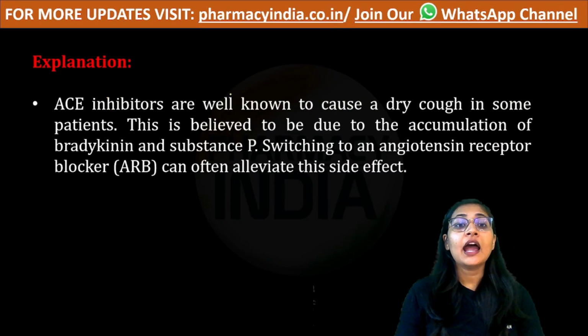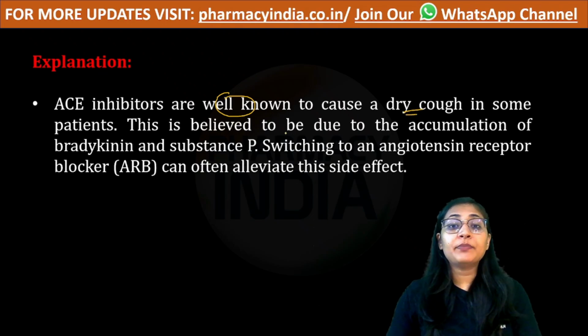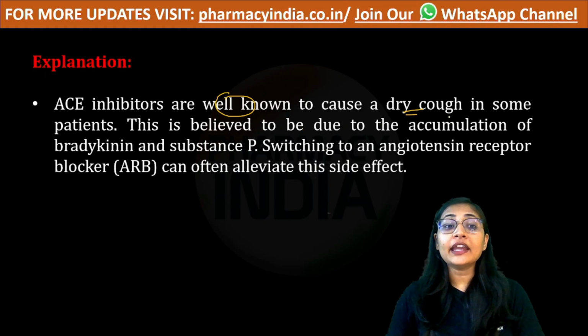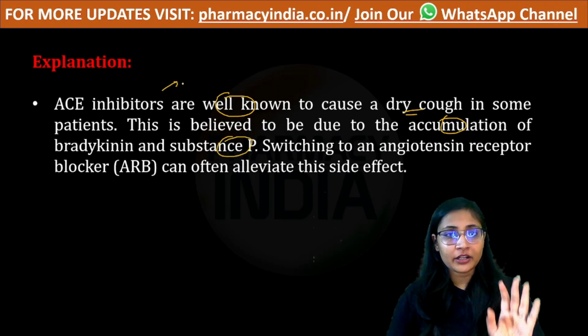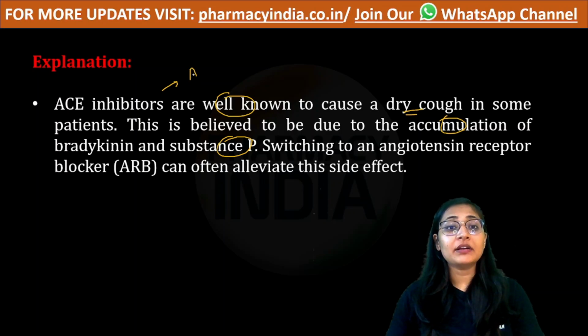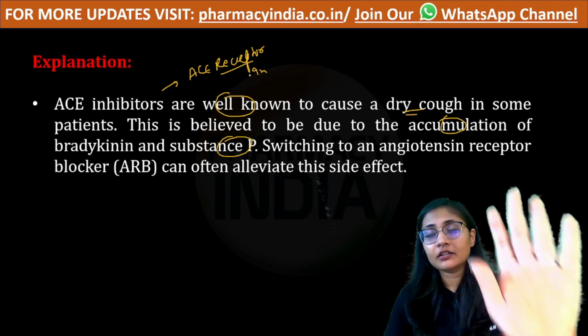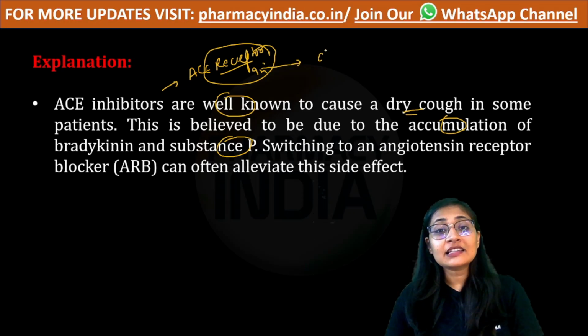ACE inhibitors are well known to cause dry cough in some patients. This is believed to be due to accumulation of bradykinin and substance P. In simpler language, this is an ACE inhibitor, and it has a side effect of dry cough.